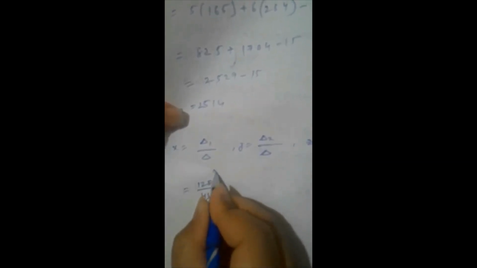So 1257 divided by 419 is 3. X is equal to 3. Therefore x is equal to 1257 by 419, which is 3. After dividing we will get 3.